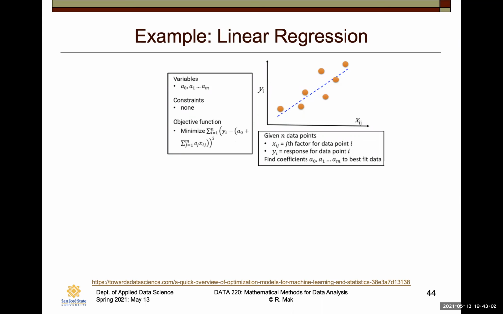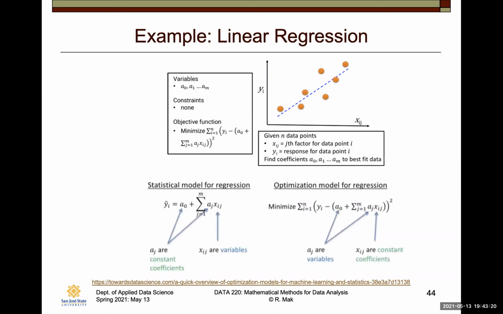So we're trying to find these coefficients which define the line to best fit the data. So this is looking at linear regression as an optimization problem. This is the statistical model, what we had been doing earlier, and then this is the optimization model where we're trying to minimize this function.